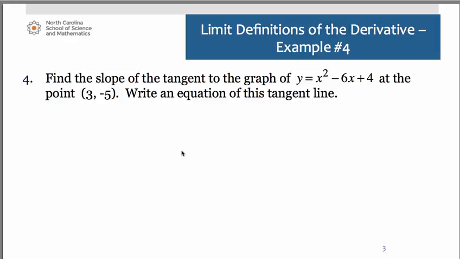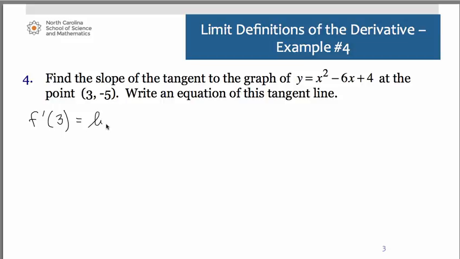Let's look at another example. Now this one, we are given the specific point at which we want to find the slope of the tangent line. So in this case, we can use the second limit definition. So the 3 is the x value at which we want to find the slope of the tangent. So we're trying to find f prime of 3. So remember the way the second limit definition goes.